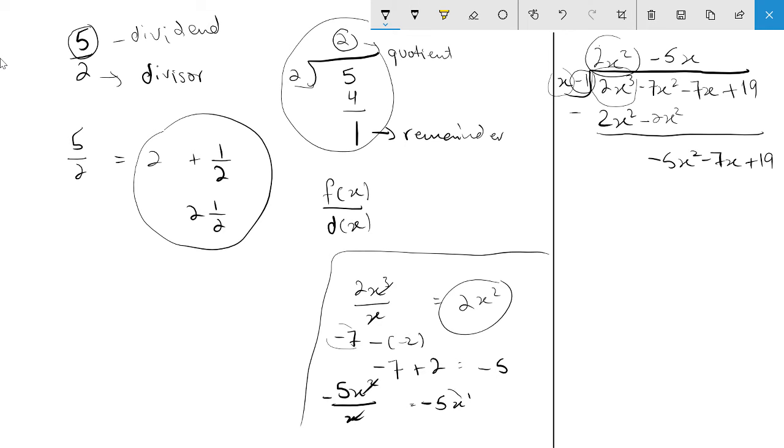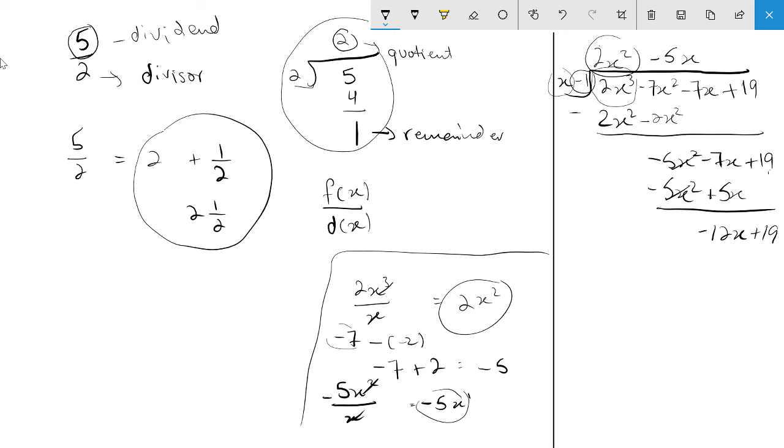So negative 5x is what we have to multiply x by. We get negative 5x squared. Again, we multiply negative 5x by negative 1, which gives us positive 5x. Again, subtract everything. This gives us 0. Negative 7 minus 5 gives us negative 12x plus 19.